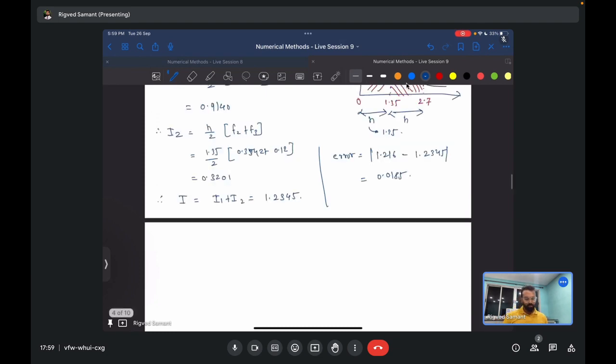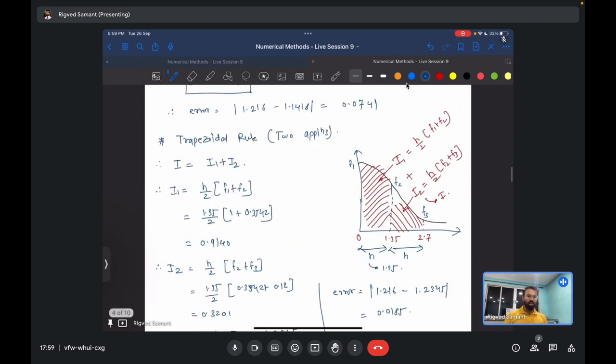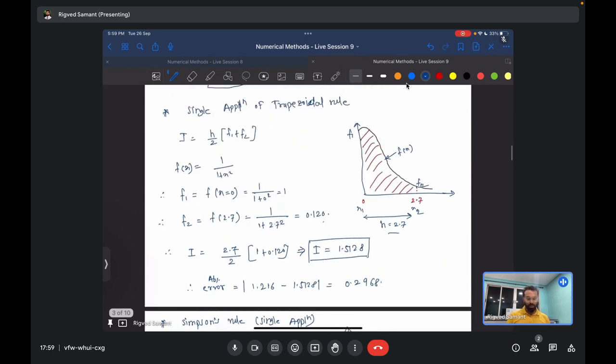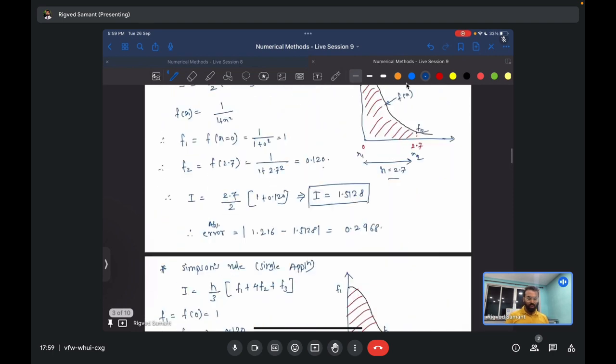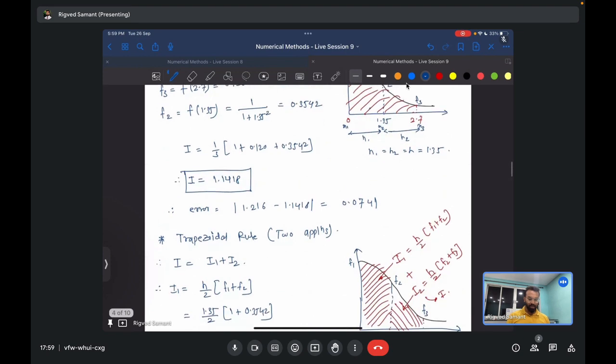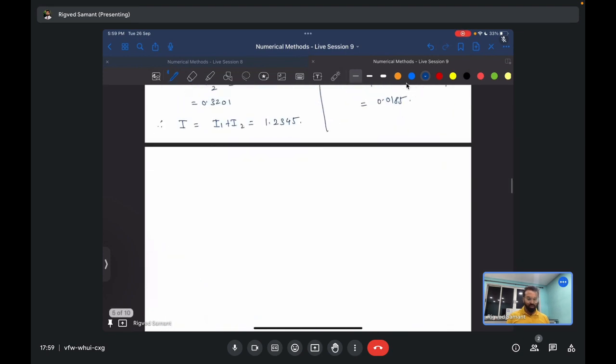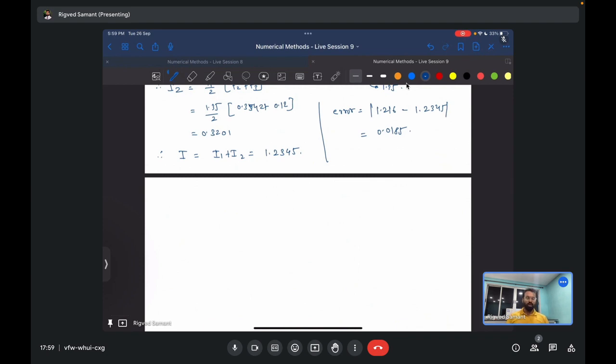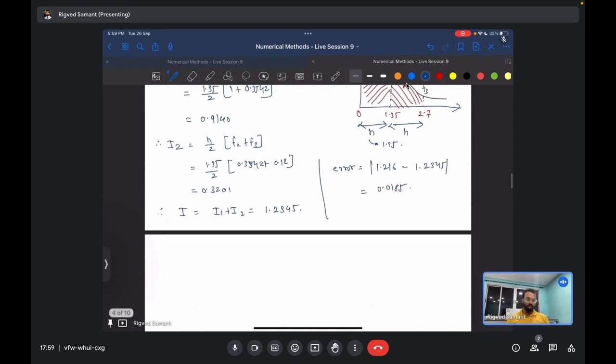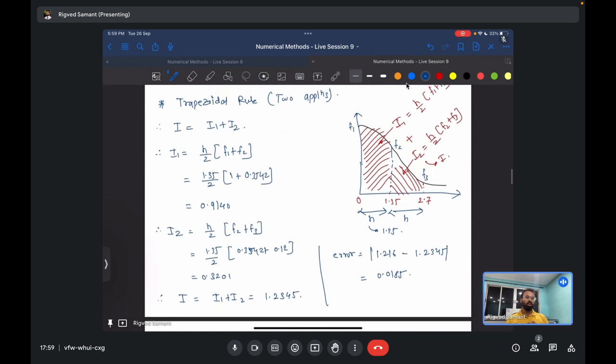So if you see, you are using the same method, trapezoidal, but using it twice for two different equidistant intervals, and we are finding out the area under the curve, and the error is now drastically reduced. So from 0.296 you are getting very close, to the value 0.0185. So this is the way, the more number of intervals you use, the better result you get.